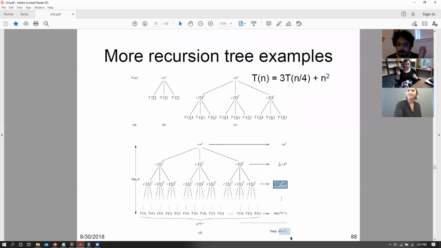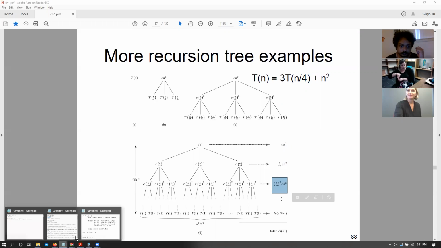Now, can someone tell me why we have a complexity of n squared here when the height of our tree is log base 4 of n? Why do we have a time complexity of n squared here? What is the total time complexity of this tree? It is Cn squared plus 3 by 16 Cn squared plus (3 by 16) squared Cn squared.